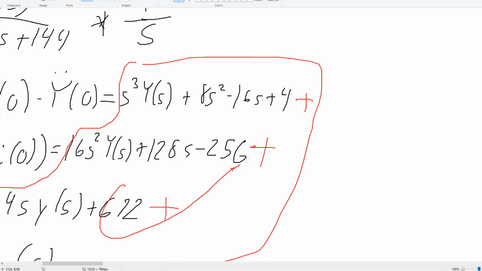Negative 256, 4, and 672. You're going to add up all the parts that just have s, which is just 1 apparently. Sorry, actually, there's 2 of them over here. Negative 16 and 128. And then there's going to be 1 s squared.